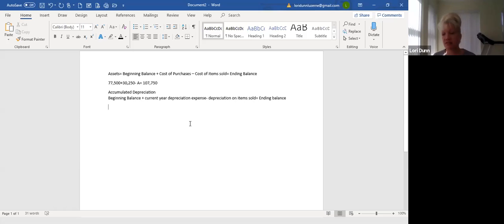So you're going, well, what's the big deal? This is probably a little bit more than you would see in a test, but what's important is cash received on the sale of an asset equals selling price minus book value, plus gain or minus loss.